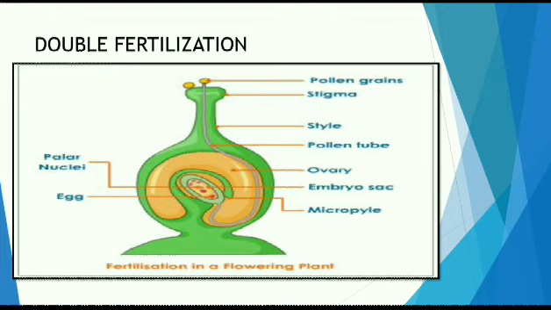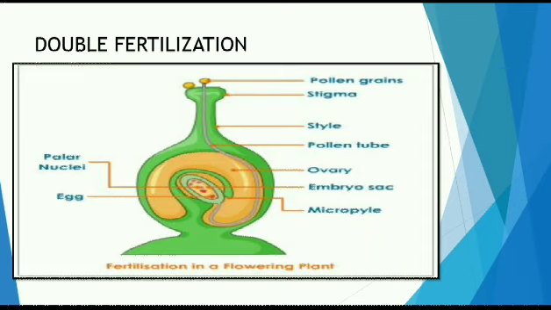You see the pollen grain is at the tip, and a long tube is there, that is the pollen tube. The pollen tube enters through the pore called the micropyle, and inside it there is an egg cell and polar nuclei. The polar nuclei have two nuclei inside, and the egg cell has one nucleus.